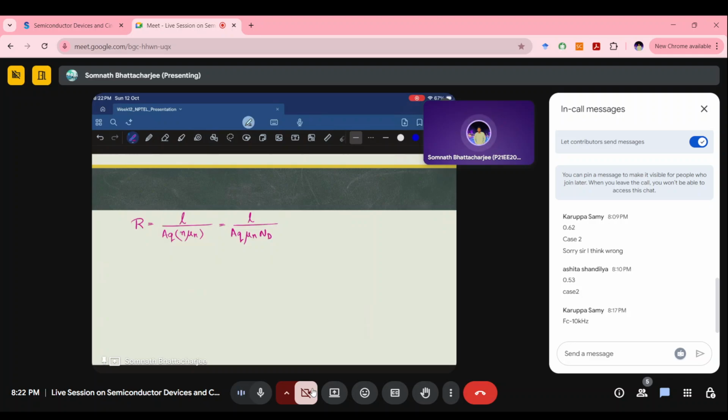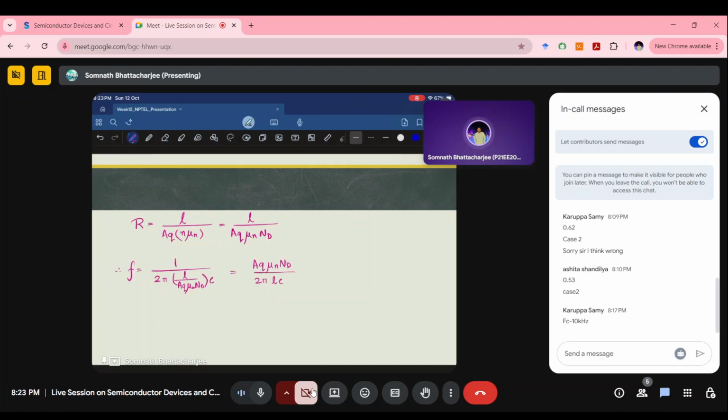Now they have also mentioned that we can change it. So for the cutoff frequency, f is 1 by 2 pi RC. So R is L by A q mu n nd, into C. Now if we write this, it is A q mu n nd divided by 2 pi L C, right?